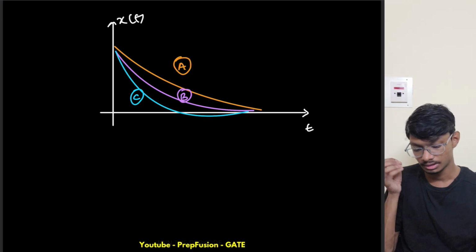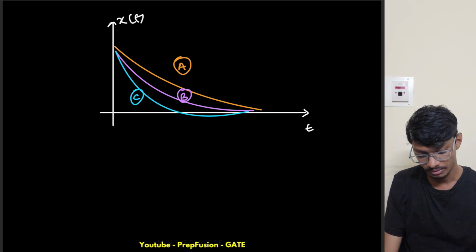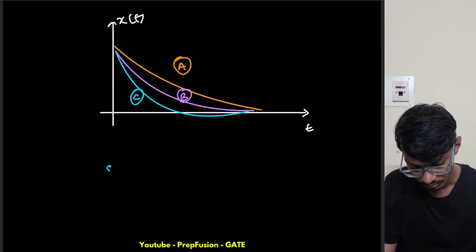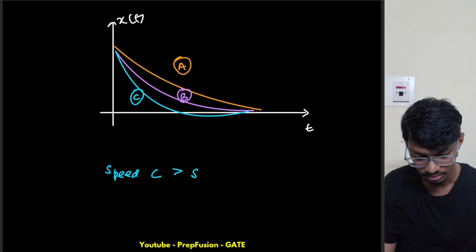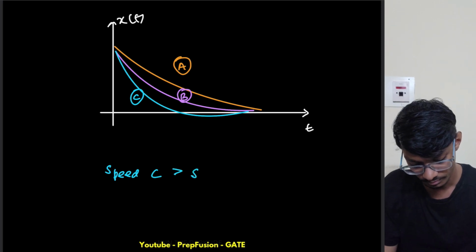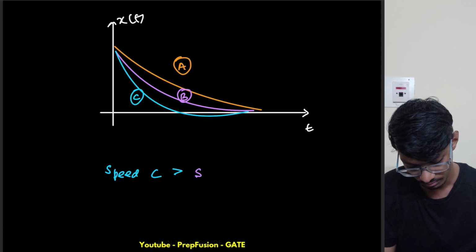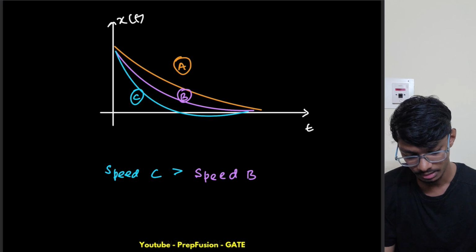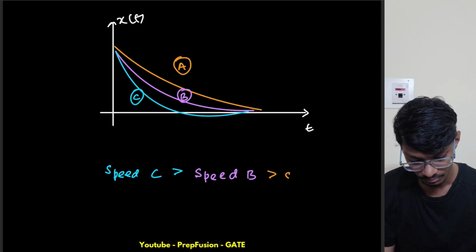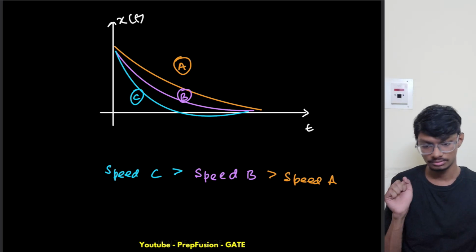So the speed of C will be higher than the speed of B, and it will be higher than the speed of A.